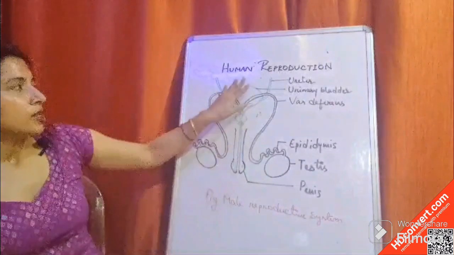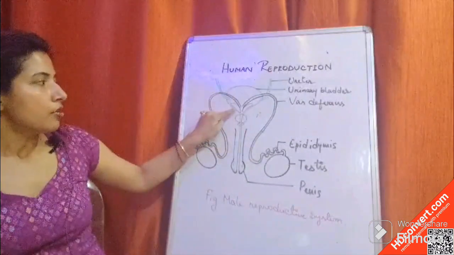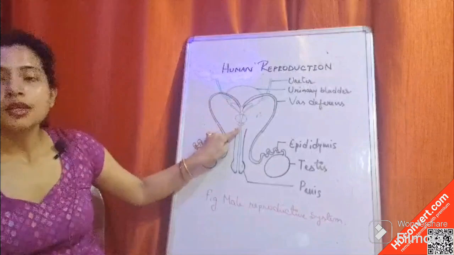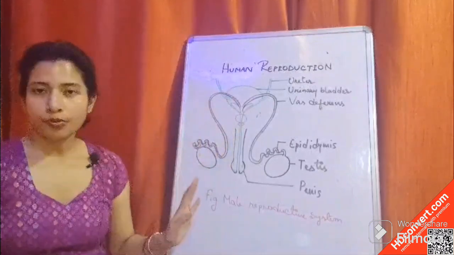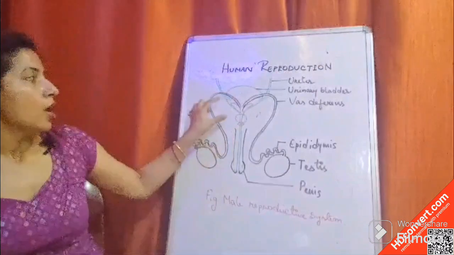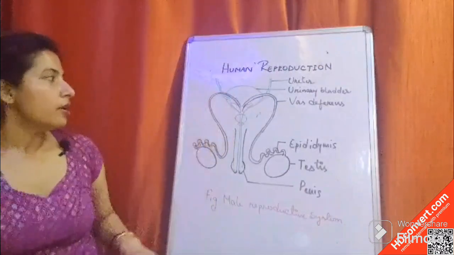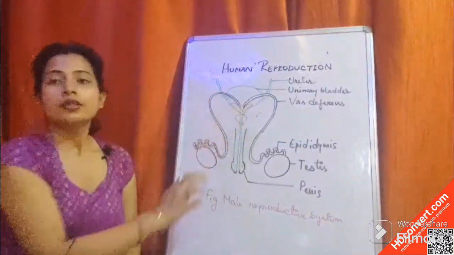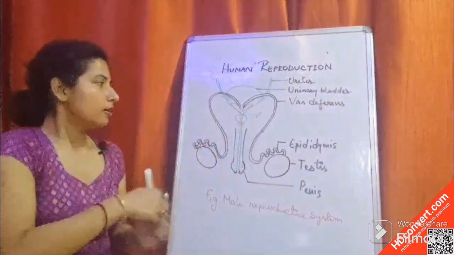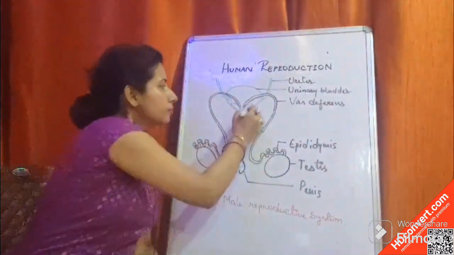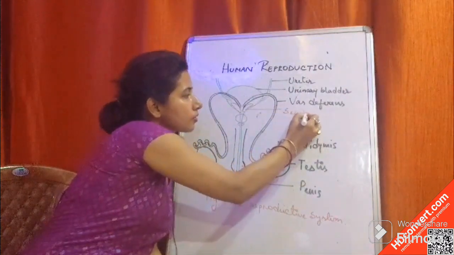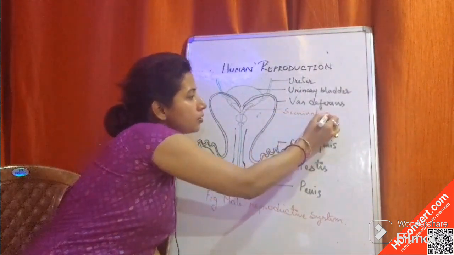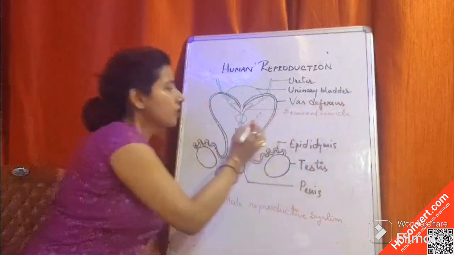Okay, you can see the red colored parts, these are the accessory glands of human reproduction. These glands, namely the first pair is called seminal vesicle. I am labeling here. Seminal vesicle.